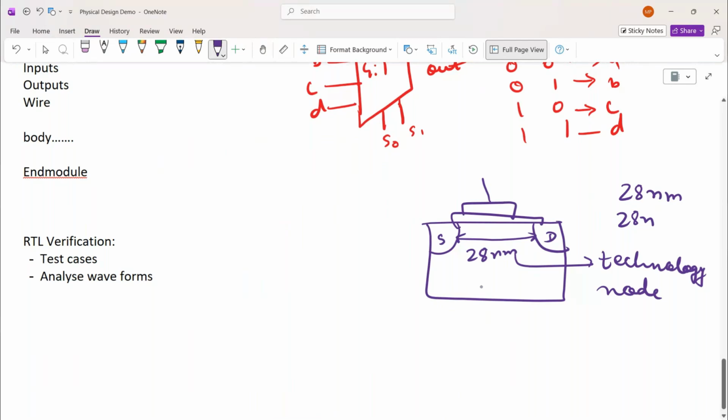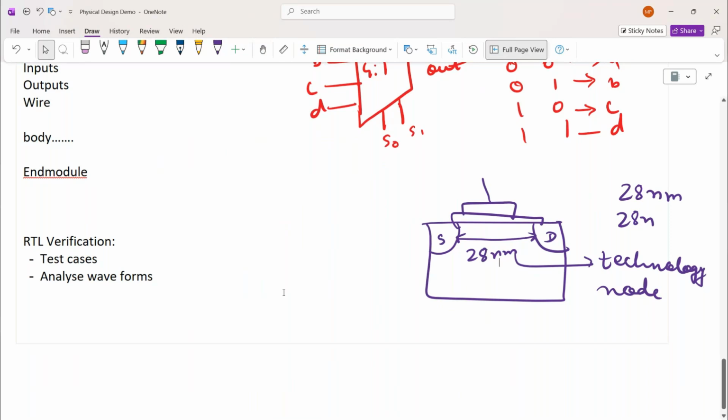Till now, did I take the name of the technology node we are working on? No. Our design is technology independent till now. This RTL file, I can map with 28, 14, 7, 5, 3, 1.5, any technology files available with me. So that is what we will be doing now.